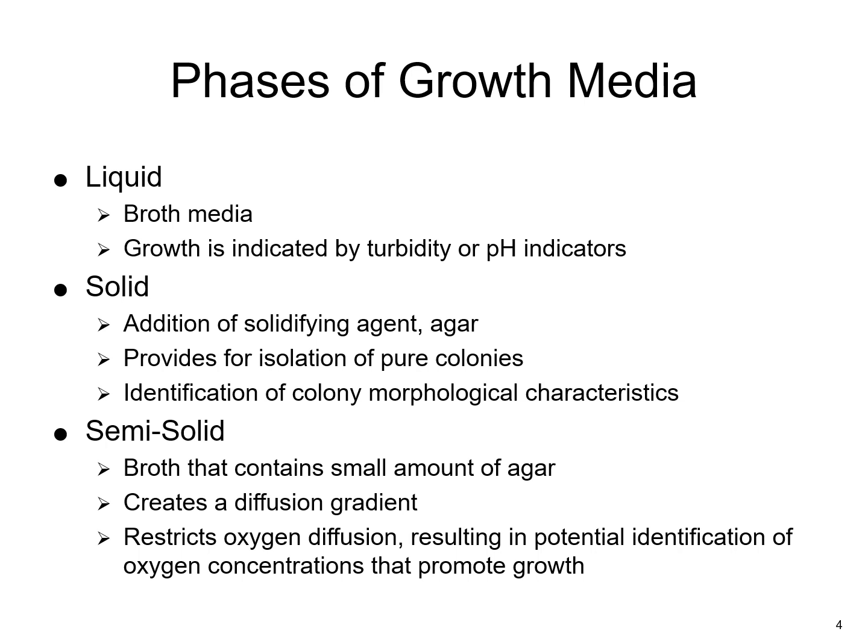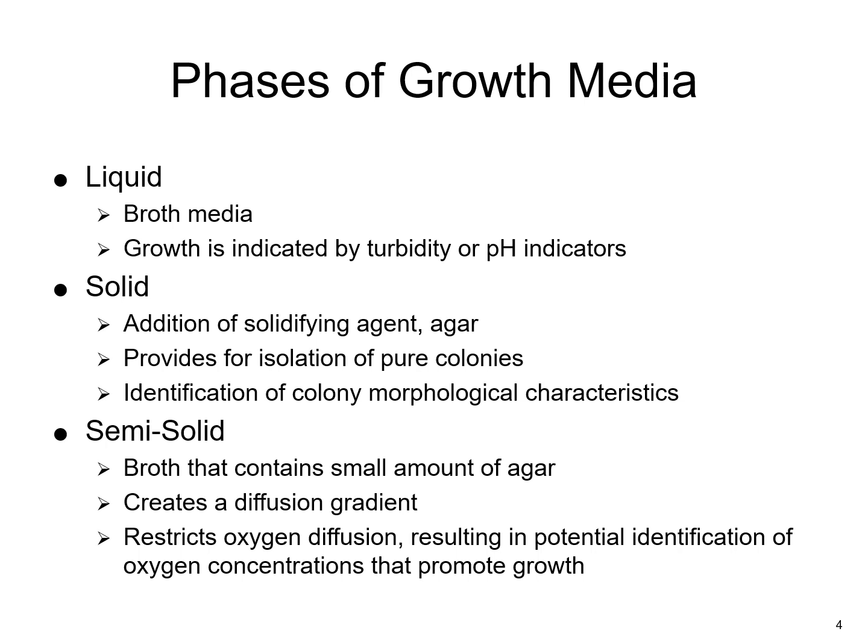And then some cultures, some liquid media, will actually have a pH indicator in there so that once that bacteria grows, it will change the pH of that sample, and you can see that through a color change. And then of course you have solid media, which is most of what's going to be used, and this allows you to actually isolate individual colonies, and it also allows you to look at some of the morphological characteristics.